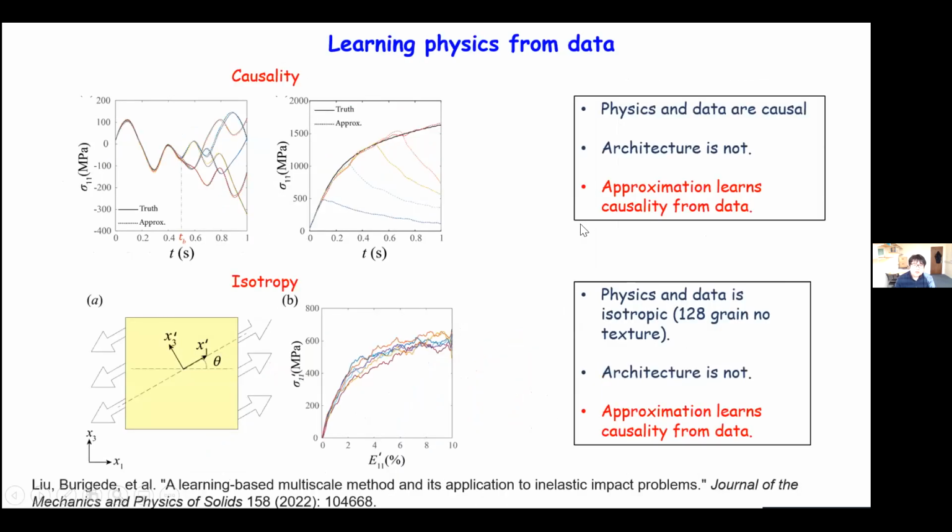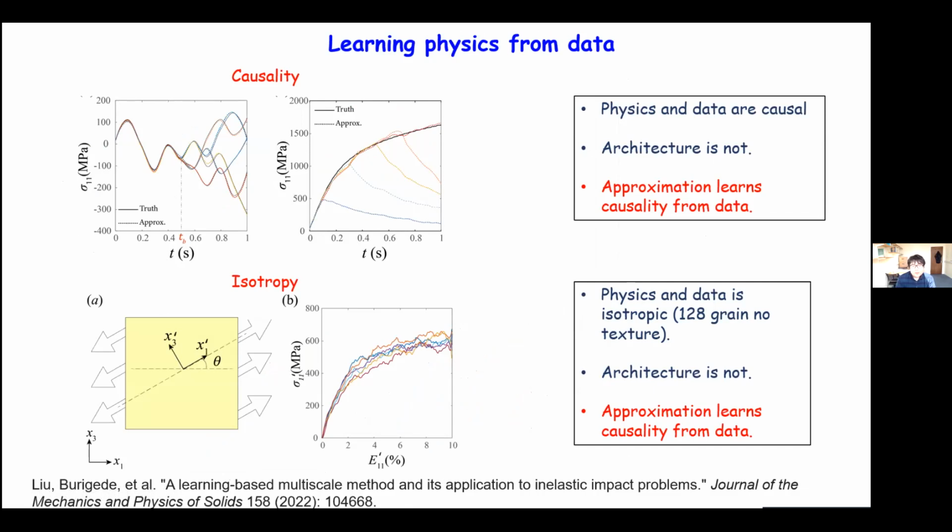And so the other thing which is quite impressive that we found through this exercise is that we can really learn physics from data. For example, in this study, we didn't show, we know that all our physical models are causal, meaning that the solution, the stress, for example, at time t would only depend on the past of the stress-strain history, not on the future, right? So this is the requirement of thermodynamics.